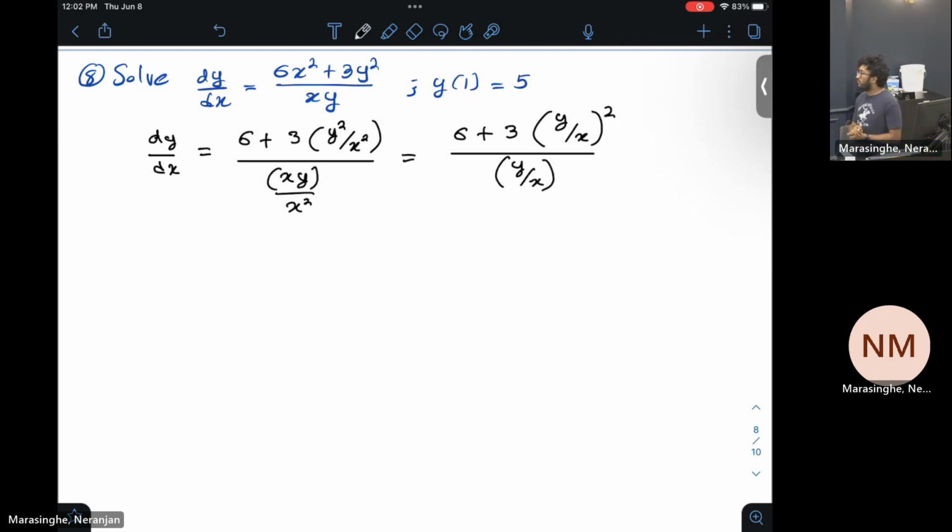Okay. So what is the suitable substitution now? Now we have dy over dx, which is equal to some function of y over x.